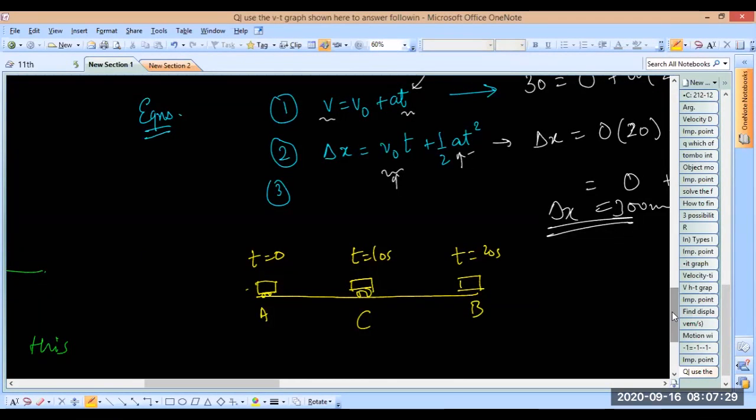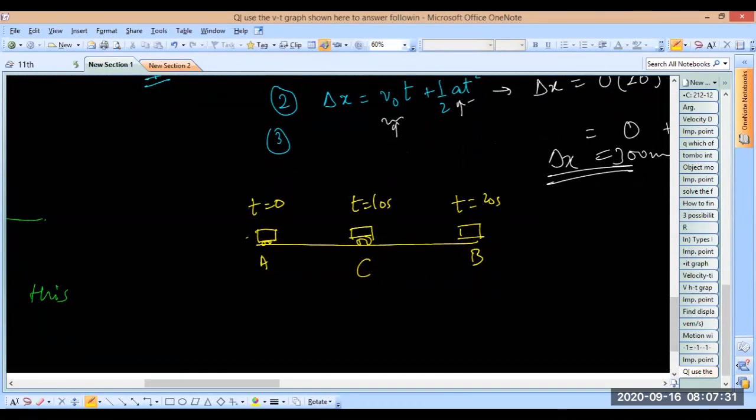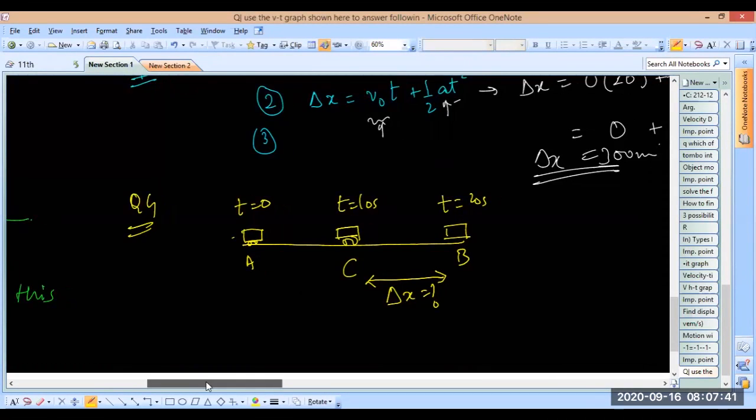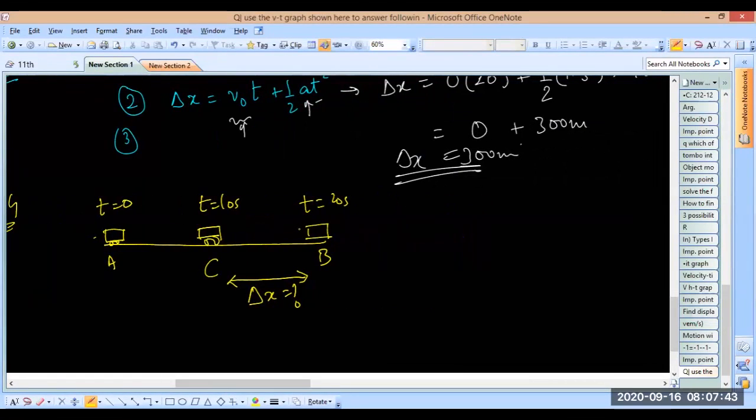So now we want to find out how much is the displacement of the vehicle between 10 seconds and 20 seconds. This is question 4. The plan is that instead of finding displacement from 10 second to 20 second, we will rather find this.